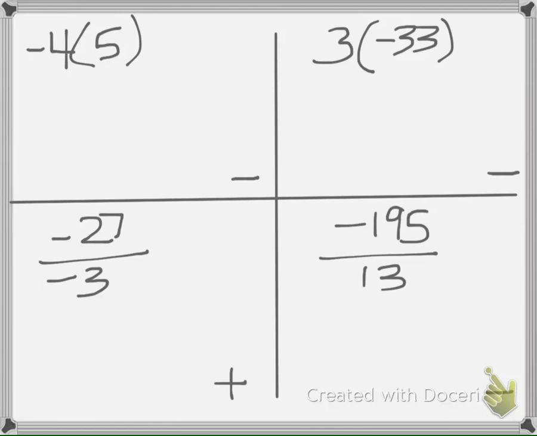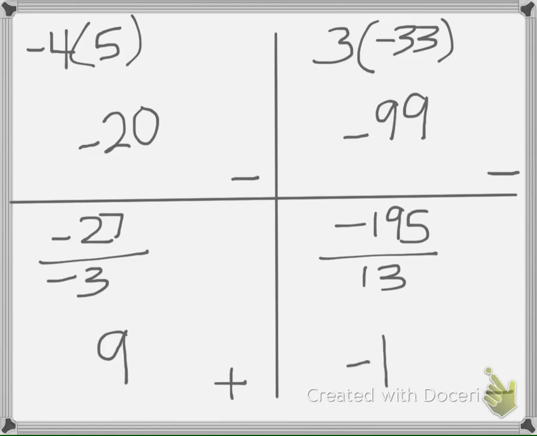So go ahead and figure out all that math, and you're going to end up with negative 20, negative 99, positive 9, negative 15. By the way, this last one here, negative 195 divided by 13, the best way for you to set this up, because we're not using calculators yet, is to answer it like this.